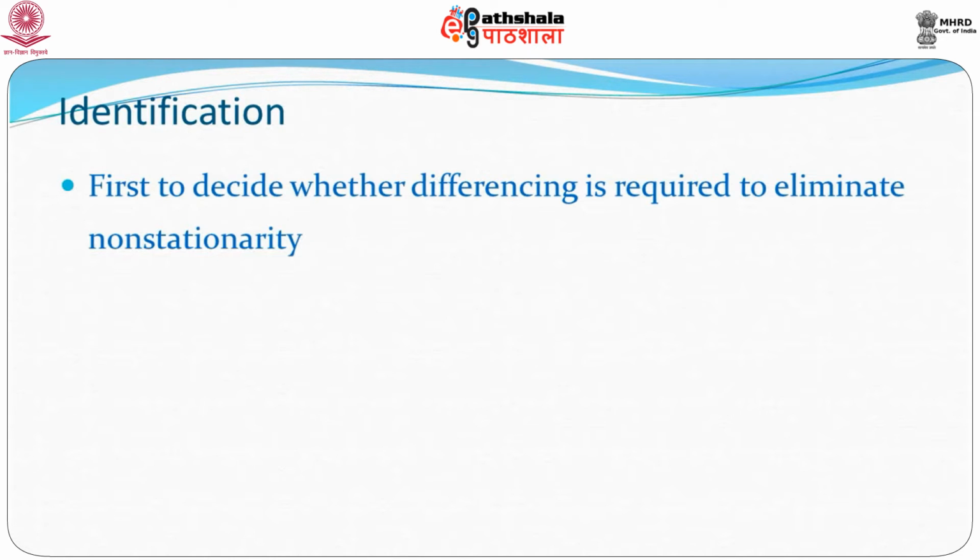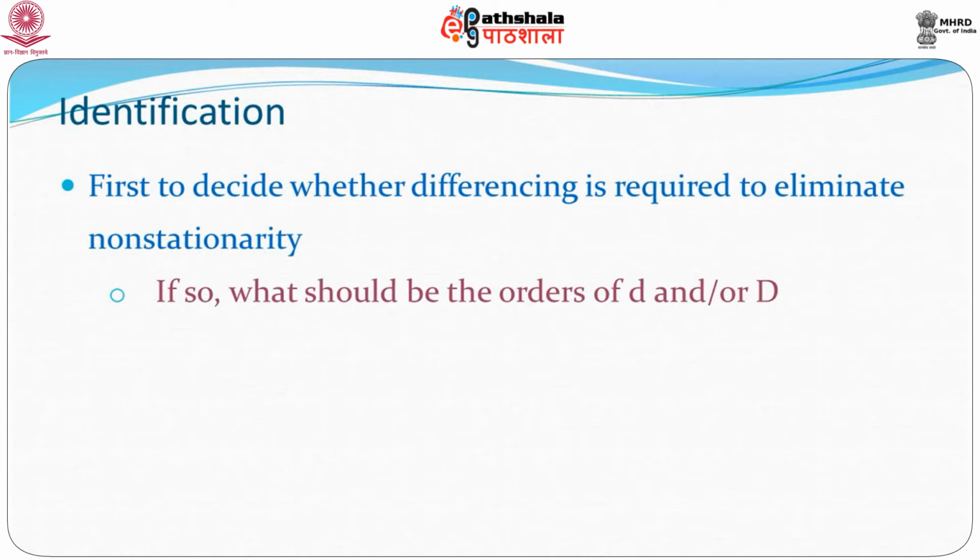To decide whether differencing is required to eliminate non-stationarity, that is the first thing that we need to look at. That is, what should be the orders of small d and that of capital D. Remember, the small d actually represents the order of the differencing for the trend.